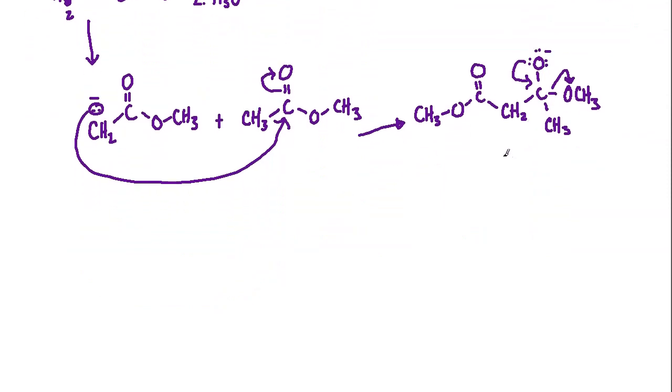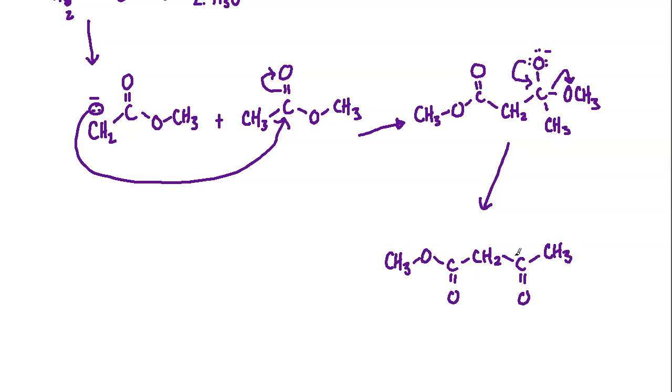So the initial product that I would see coming out of this would be that I have an ester, and then that ester would also have a ketone, okay, like this, and that OCH3 left, so here's the CH3.